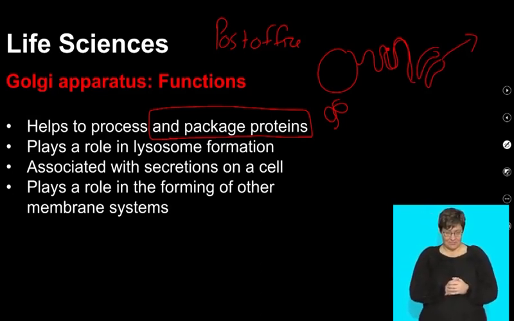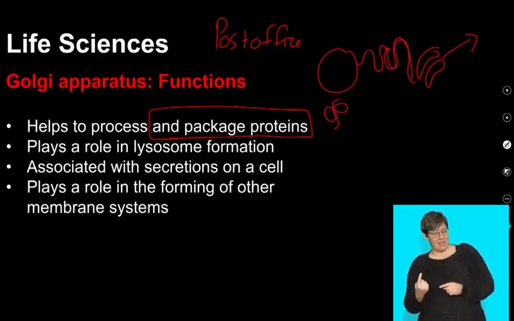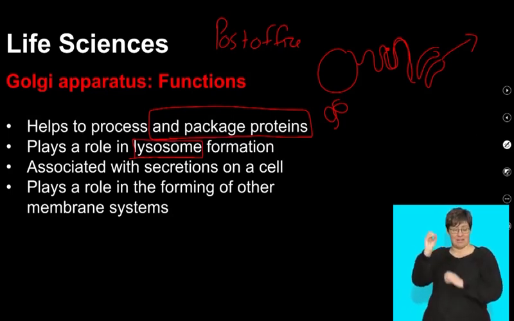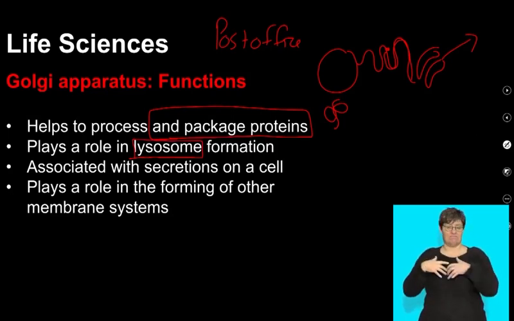The Golgi body also, guys, we're going to look at the concept of another organelle called a lysosome, usually only found in animal cells, and you're going to see that the Golgi body actually plays a role in making that. It also helps with secretions of a cell. What does that mean?